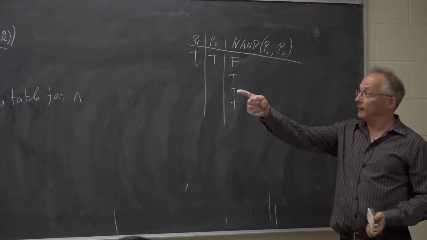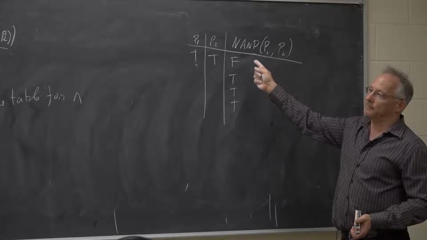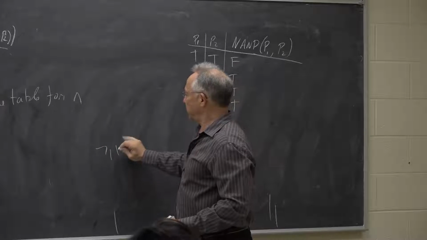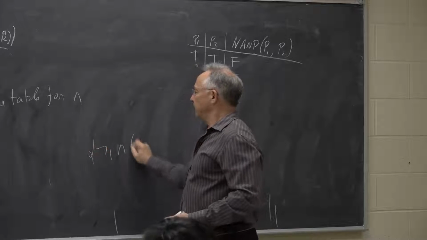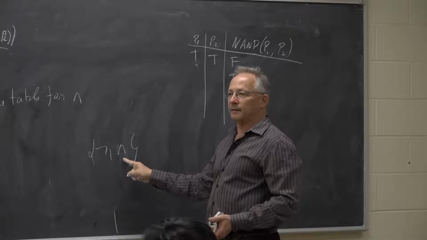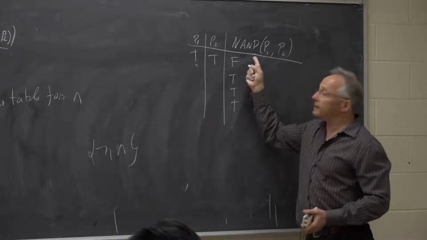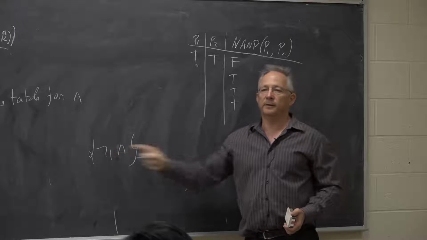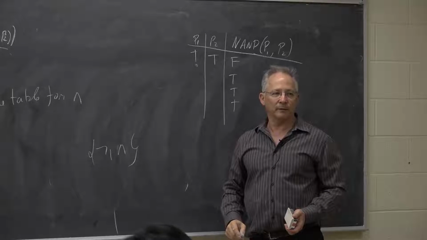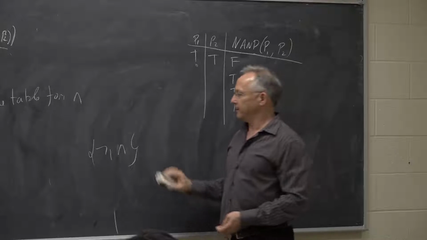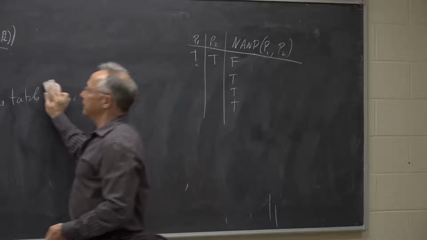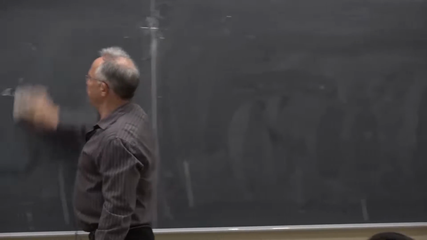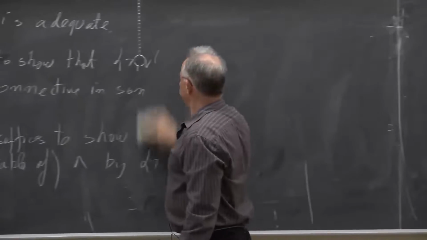All you need is to express negation and AND, since it's easy to see that negation and AND is adequate. So to show that this guy is adequate, it suffices to show that you can express these 2 with it. Anyway, this is as far as I want to talk about adequacy, and we move on.